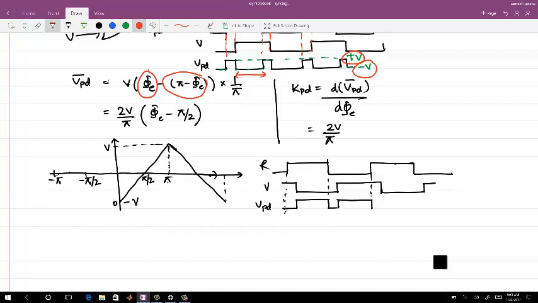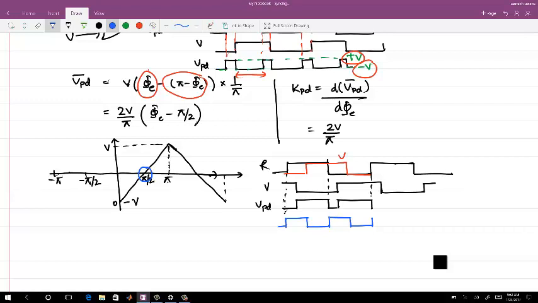Phase error of pi by 2 means my V signal is something kind of this. So if this is pi by 2, what will be my output? My output will be something kind of this, whose average is 0. So at pi by 2, the average of the phase error detector is 0.